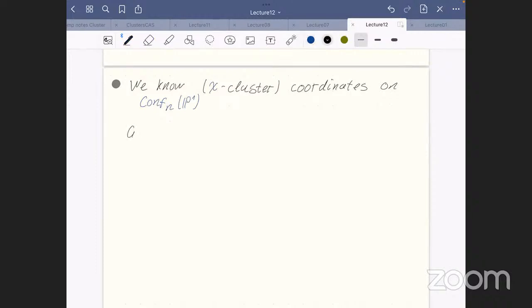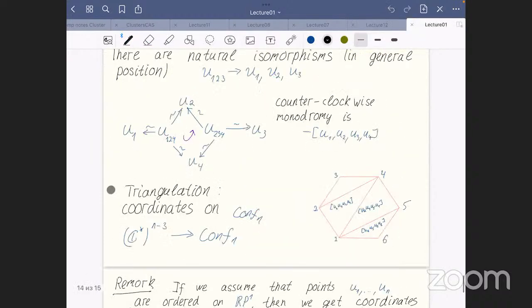Geometrically, this corresponds to triangulations of the n-gon, or, a bit more topologically, what is actually important for us is the cyclic order on these n flags, only these n points on P1.